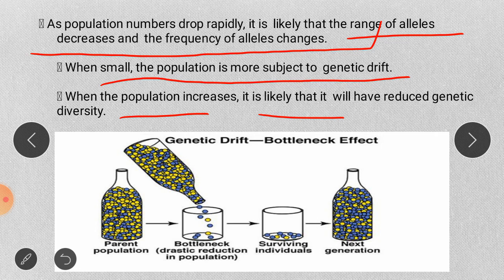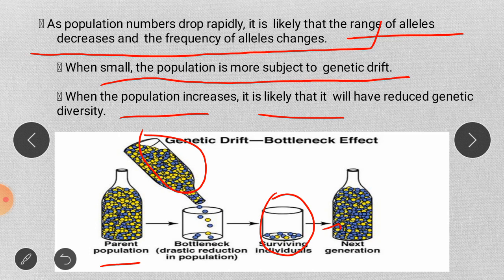Suppose in this bottle you have a parental population, and this population is subjected to a certain event. A few individuals come out from this bottle, but one individual gets stuck. After that, whatever individuals are present in the bottle are killed. So the individuals that come out from the mouth of the bottle are the only ones that survive, and they form a new population.